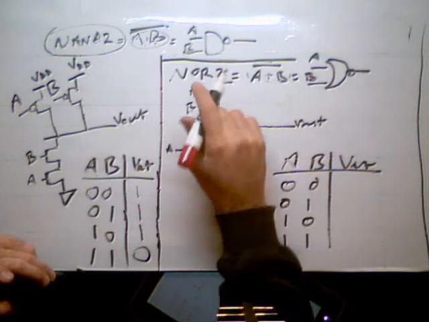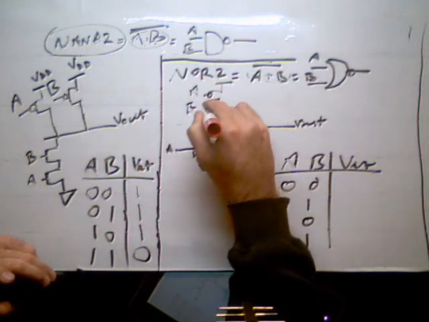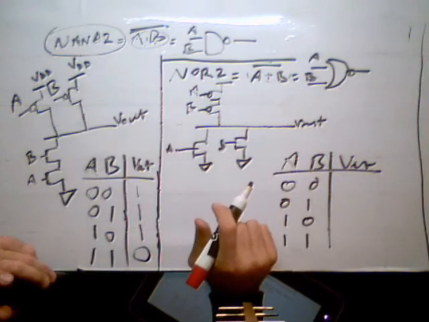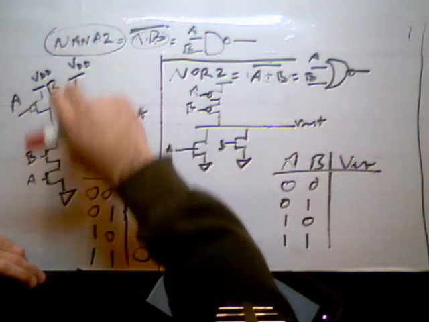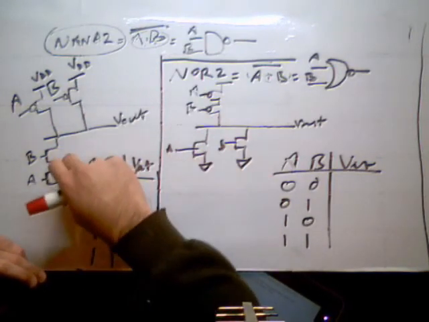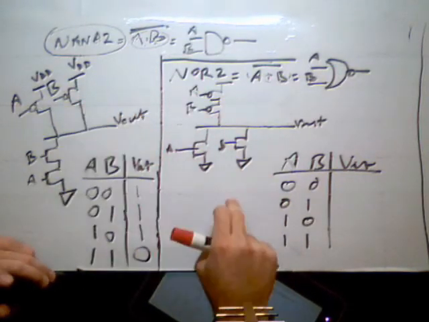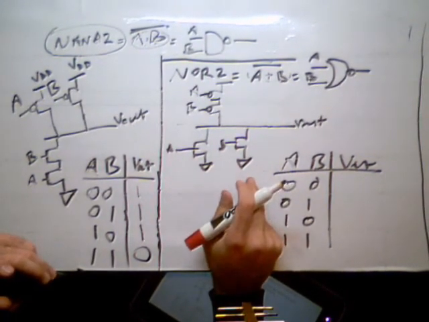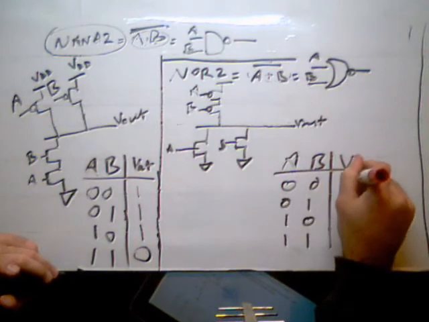So we get these guys here, and these guys are PMOSes. Okay, so this looks better. And remember, whatever the operation is, you start with the NFET tree, then reverse it for the PFET. 0, 0 is going to give you what? It's going to give you 1.